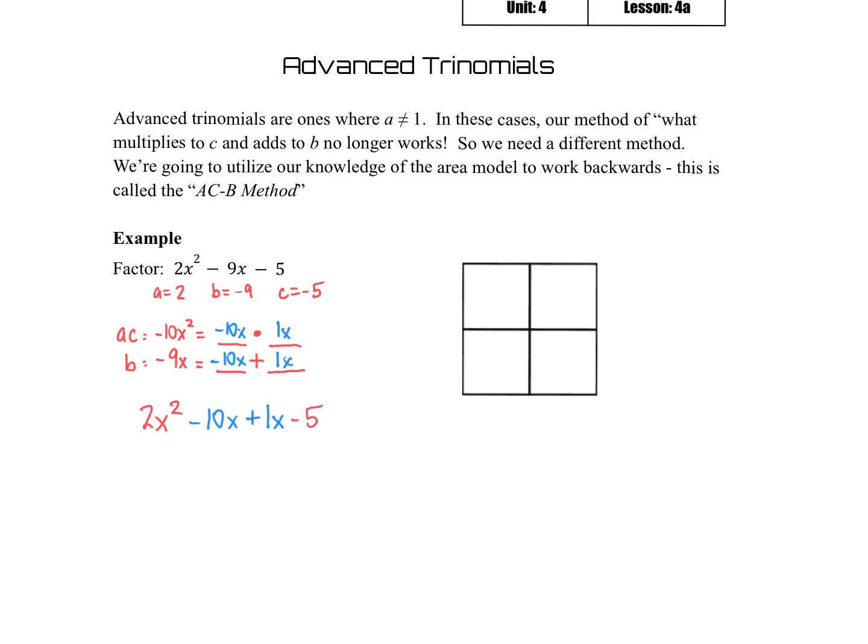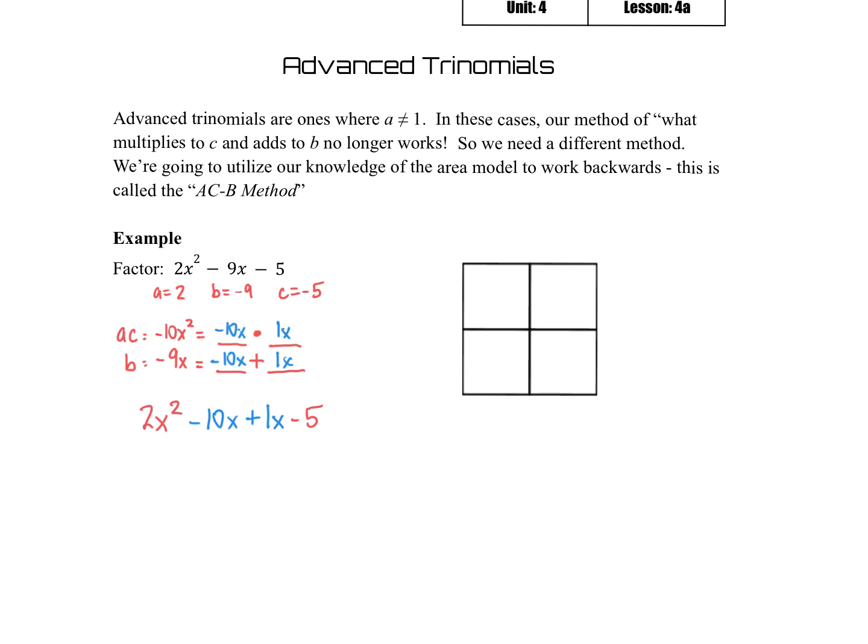And the reason we do that is because we're about to use our knowledge of the area model to go backwards. How we've used the area model in the past is you put the two things that you're multiplying on the outside and you fill in the inside. Well, that's multiplying. As we've discussed, we need to go backwards when we're factoring.